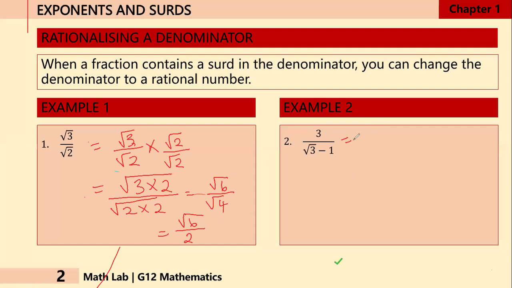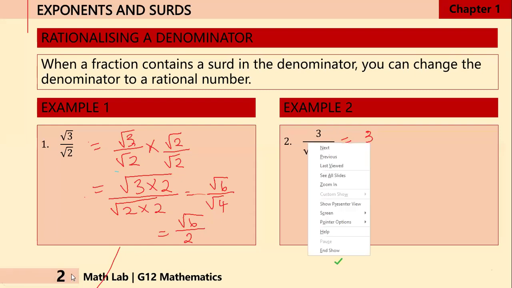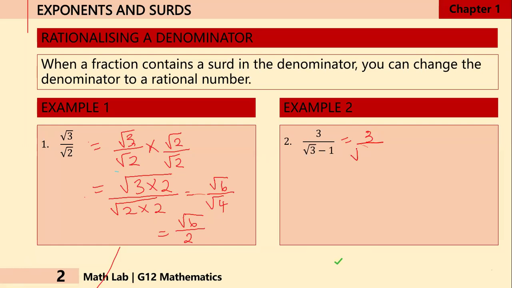We're going to say 3 over root 3 minus 1. When we rationalize this, it's going to be multiplied by what?